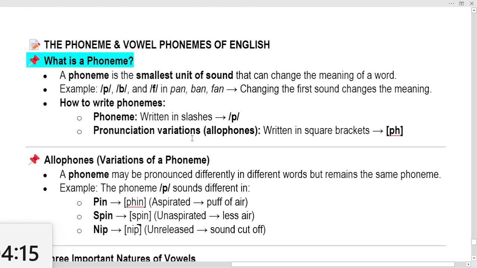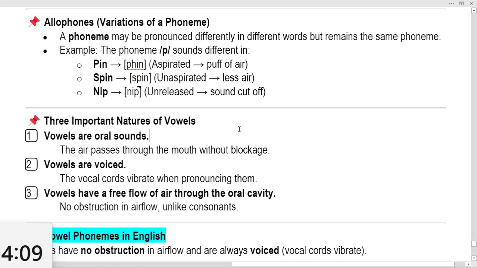Phonemes are the smallest unit of sound that can change the meaning of a word. Allophones are the variation of a phoneme, and it remains the same phoneme. We have the aspirated, or puff of air, unaspirated, yung konti lang yung air, at saka yung unreleased, yung naka-cut off yung air.